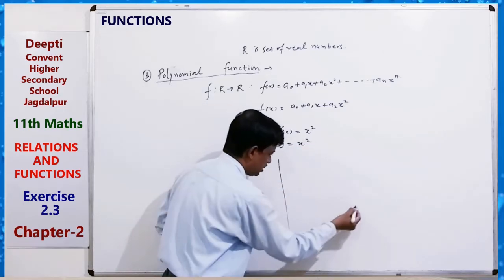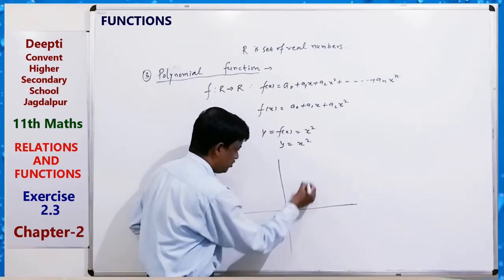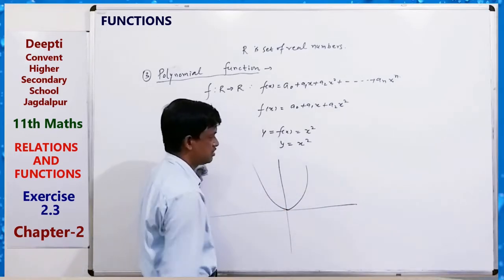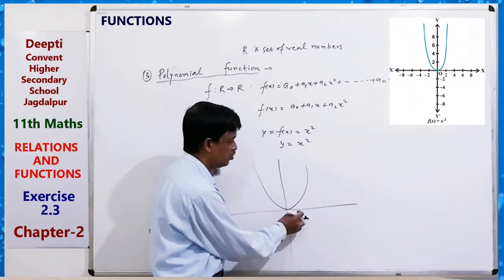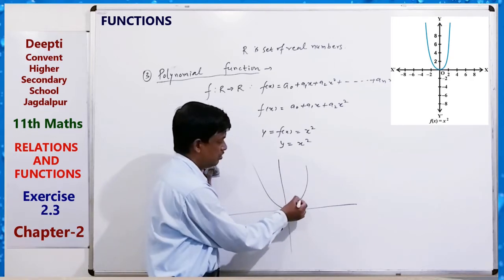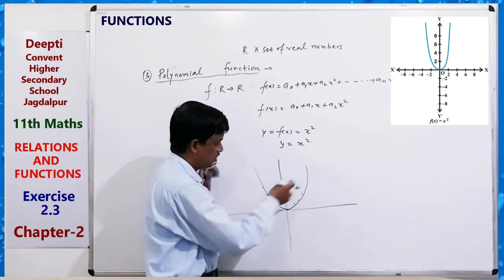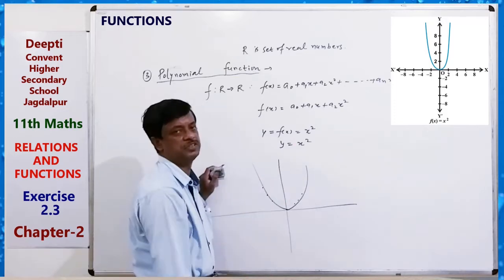We can draw its graph. Its graph is just like this. You can draw it taking some points x equal to 1, 2, 3, 4, minus 1, minus 2, minus 3, 4. You can plot the points and draw a smooth curve. This is the graph of this function.